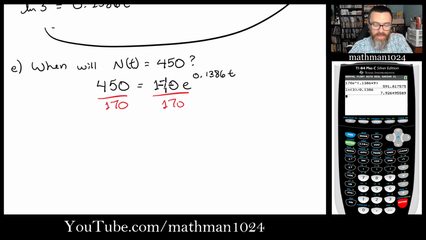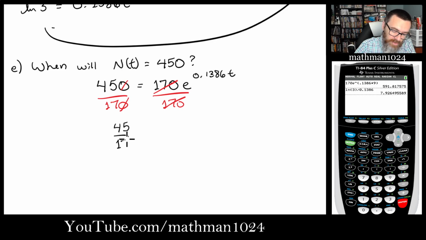So we have to divide by the 170 first, so that we can get the exponential piece by itself. I would suggest that we reduce that guy by 10. Again, that's a nice, easy simplification to do. And then e to the 0.1386t. And yes, throw the natural log up here.